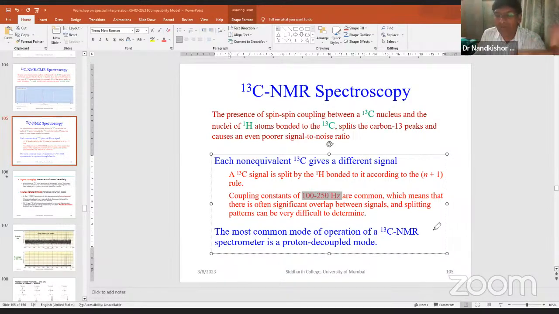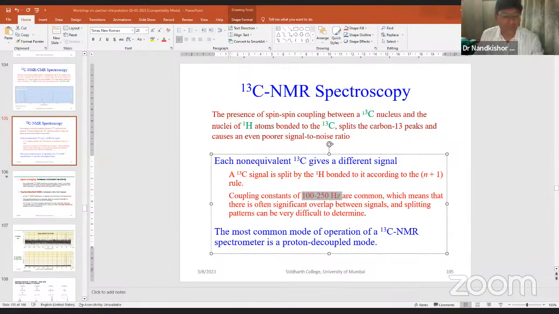That means if the instrument is working at 400 megahertz, it will automatically go to 100 megahertz. The denominator, which is the instrumental frequency, is 4 times less, so the denominator is going to be less, and the del value in the simple formula will be high.